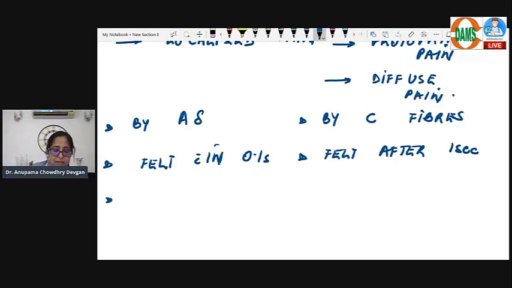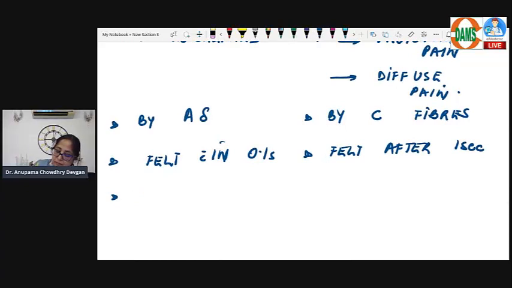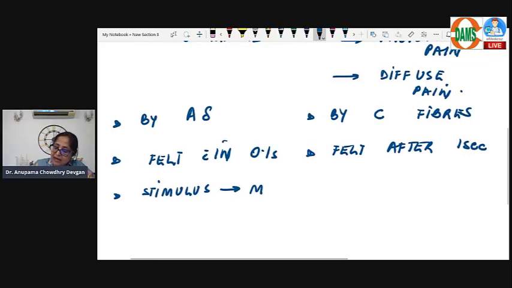The stimulus for the fast pain is mechanical or thermal.